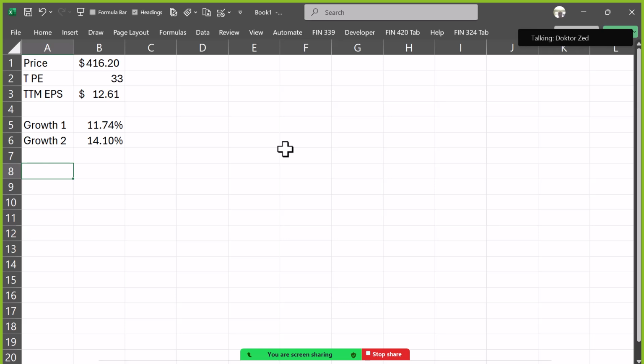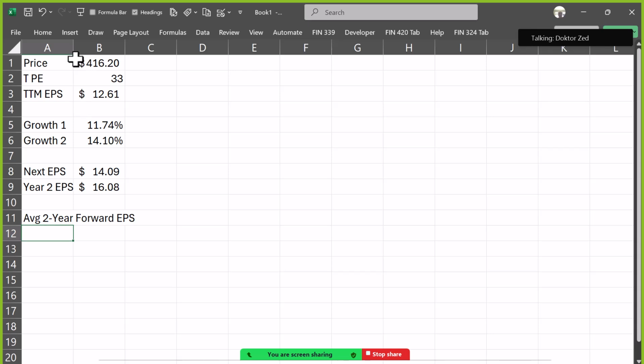So in a sense, next EPS is going to be current EPS times 1 plus the first year growth, year 2 EPS, or next EPS, times 1 plus year 2 growth. I'm going to calculate the average 2-year forward EPS.